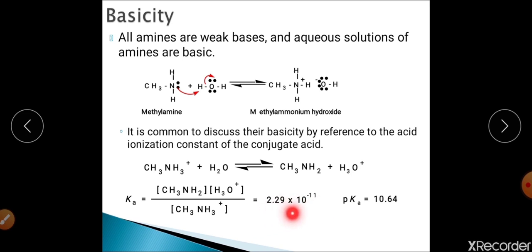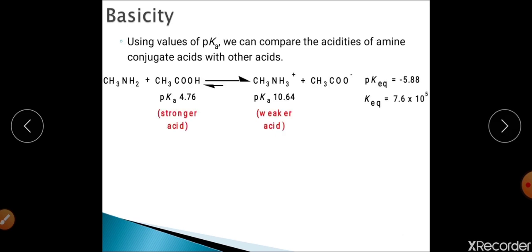So this is your methyl ammonium ion, and when it reacts with water, it will lose H positive and become H3O positive. When we compare the pKa value, it comes to be 10.64, right? So we can compare it.